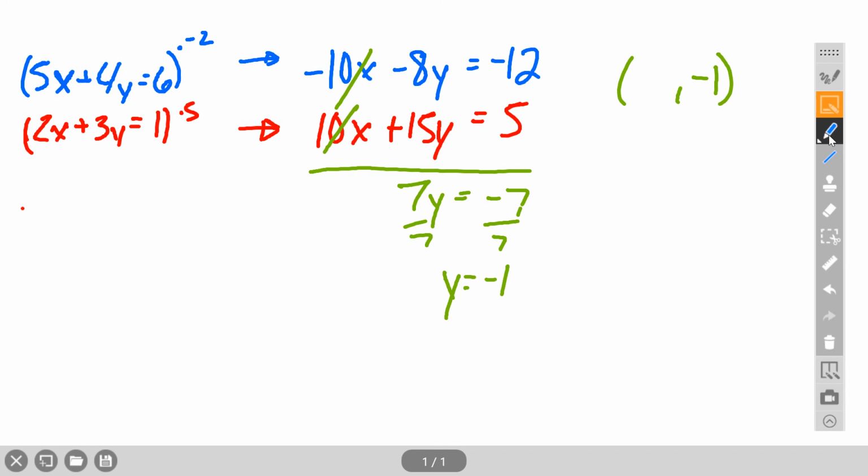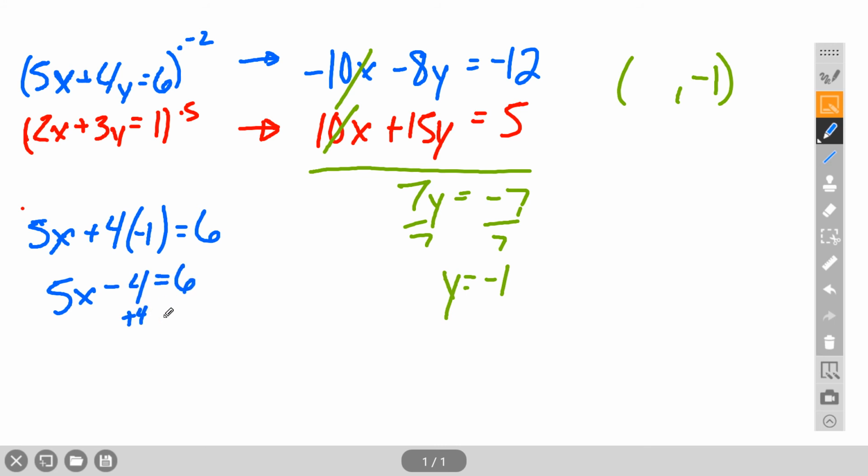I'm going to put this back into the first equation to figure out what the x-coordinate is. So 5x plus 4 times negative 1 is equal to 6. So 5x minus 4 equals 6. Add 4. 5x is equal to 10. Divide by 5. X is equal to 2.